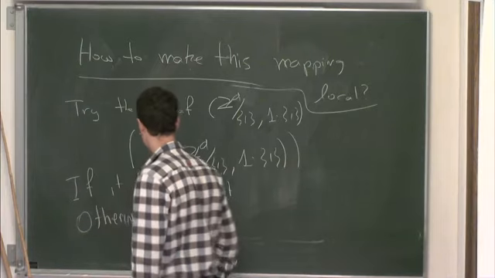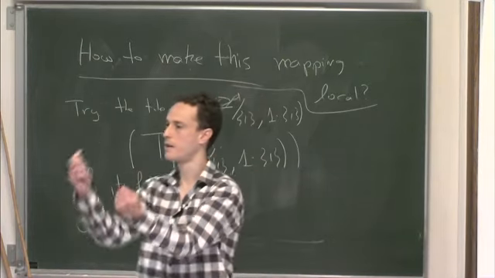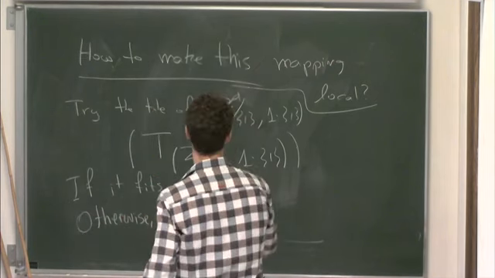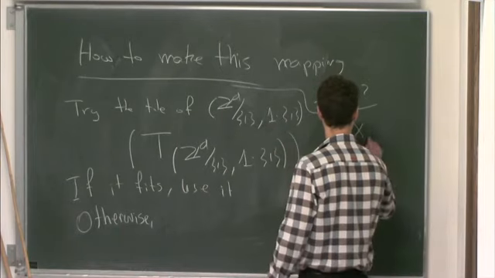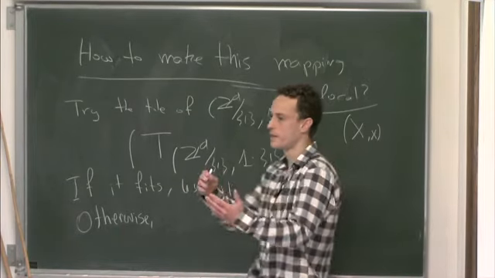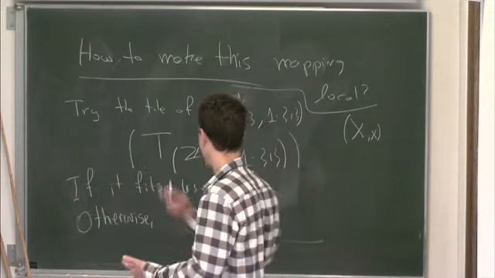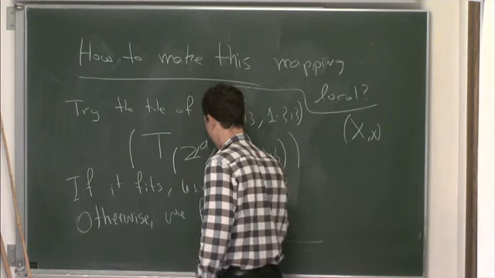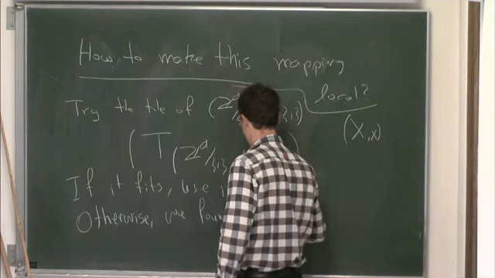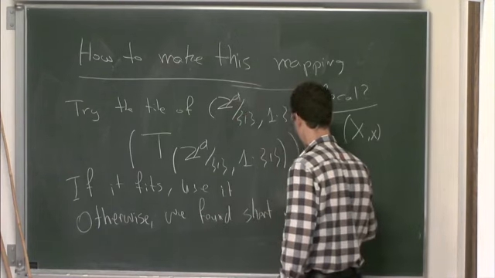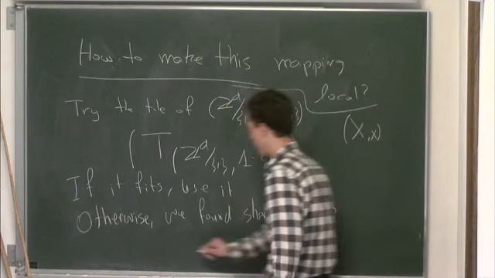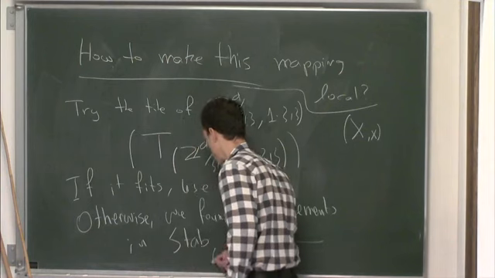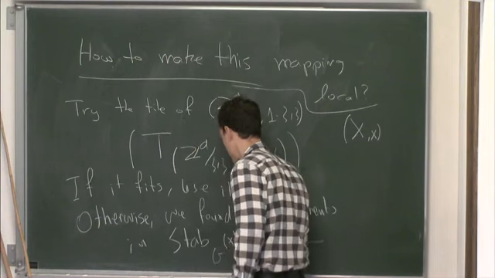If it doesn't fit, then it means that I found some short elements in the stabilizer of the distinguished point. Yes, because not fitting means that I found some cycle. So otherwise, we found short elements in the stabilizer in G of the distinguished points.